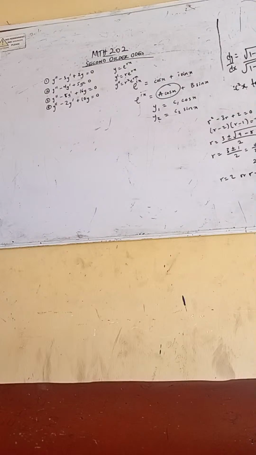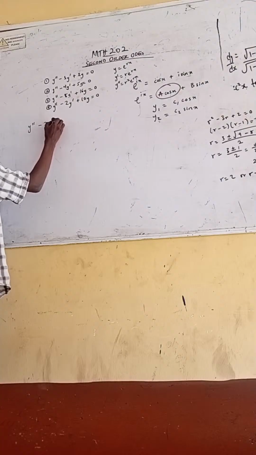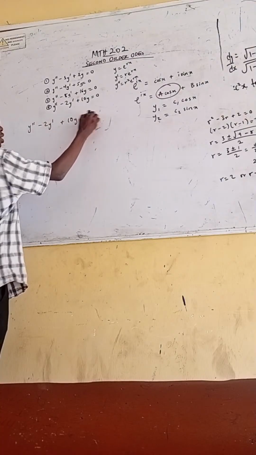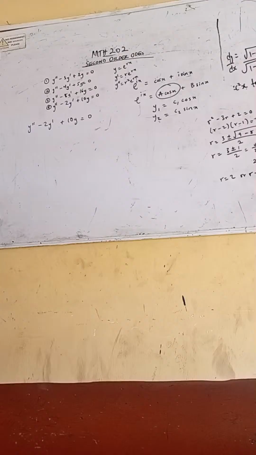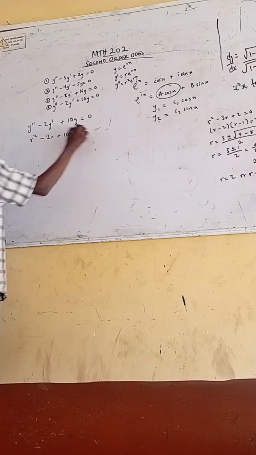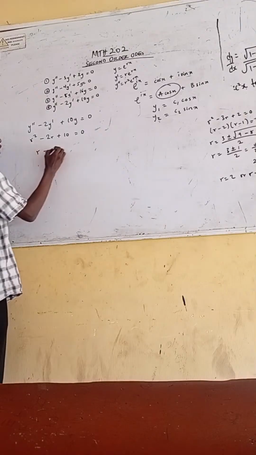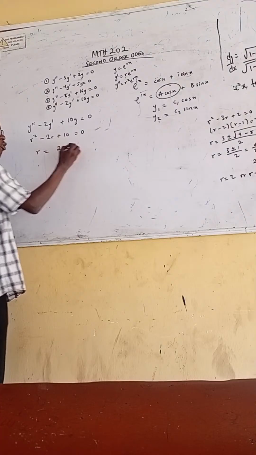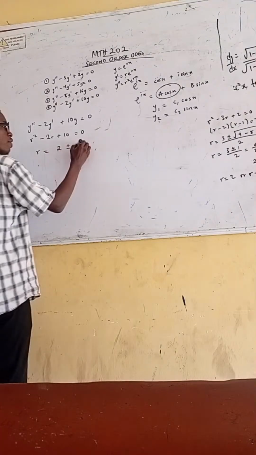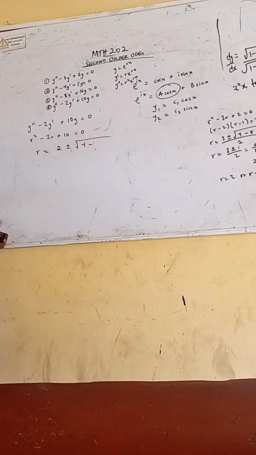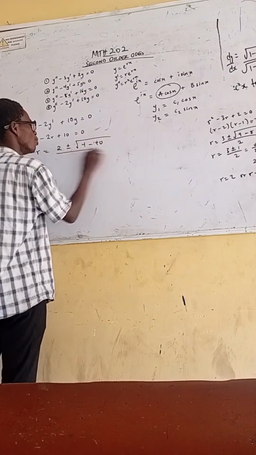Okay, this last one. So we have y double prime minus 2y prime plus 10y equals 0. If you write the equation of this, you have r squared minus 2r plus 10. Formula: r equals minus b plus or minus square root of b squared minus 4ac, that's minus 40, over 2.